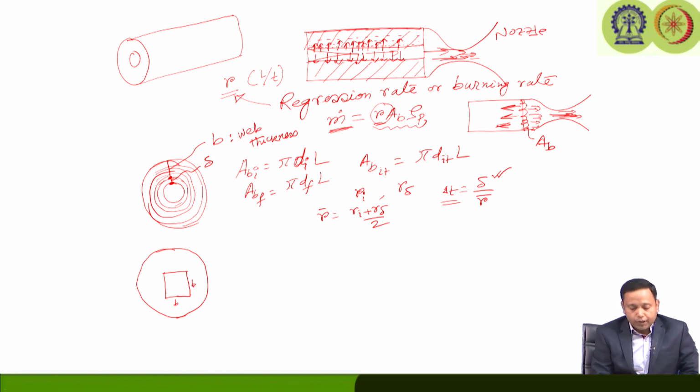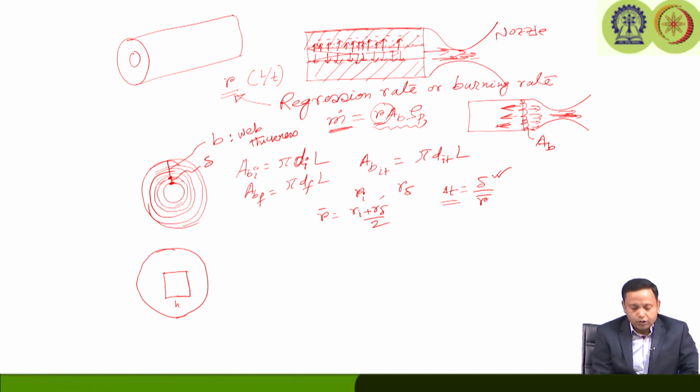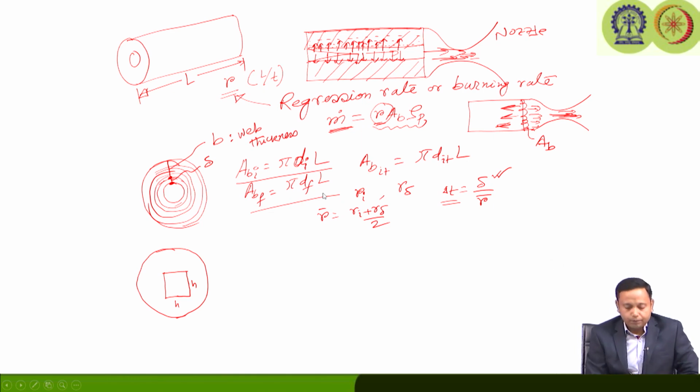Maybe we can define this slightly differently, because we have already defined web thickness as b. So, let us make it h. Remember the length of the grain, which is the other side of the port. So, here the length is L. That is why we got the initial burning surface area as pi d_i into L. Here the final burning surface area was pi d_f into L.